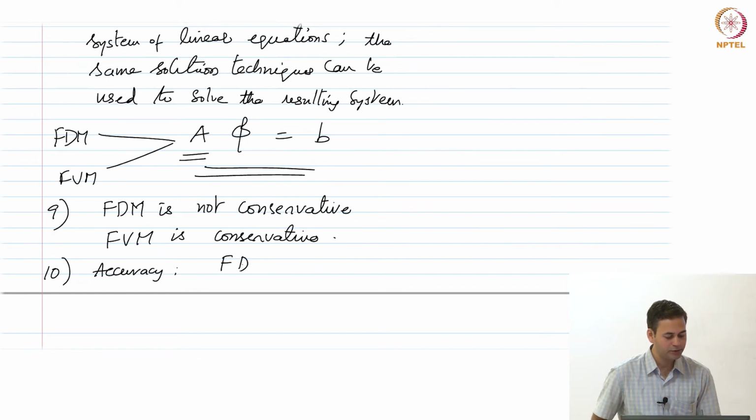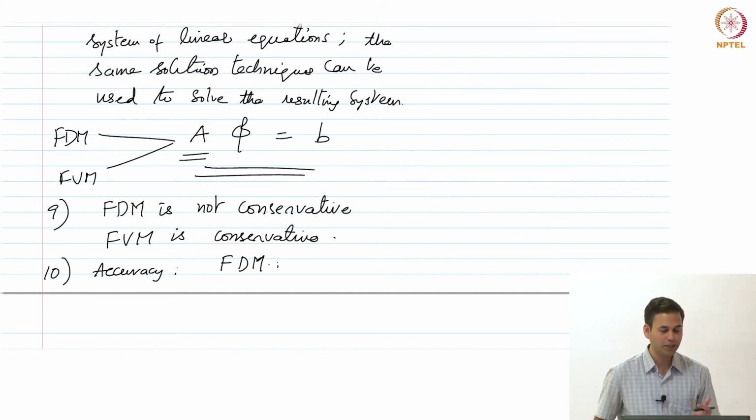In finite difference method, how do you increase the accuracy? Of course, the mesh size is there, you make it finer and finer, but no matter how fine you make it, the accuracy is kind of determined by the discretization scheme that you have used. So, if we had used, let us say, a second order truncation error, if we have neglected the order delta x square terms, then the finite difference method you got will be second order accurate.